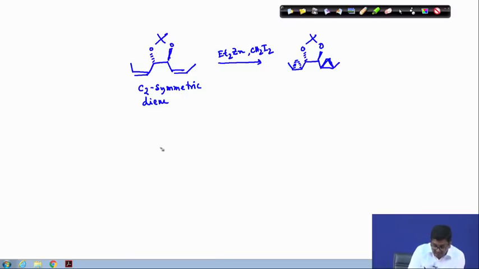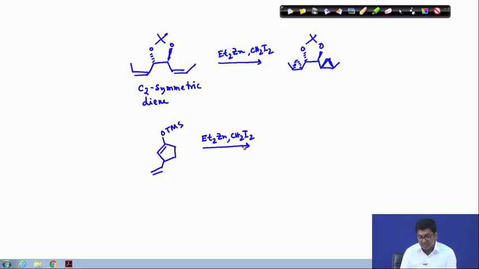Now, in another example, a vinyl silyl ether has been used as the starting material, in presence of diethyl zinc and methylene iodide as a modified Simmons-Smith reagent, and the product is again the corresponding cyclopropane, having this TMS ether.